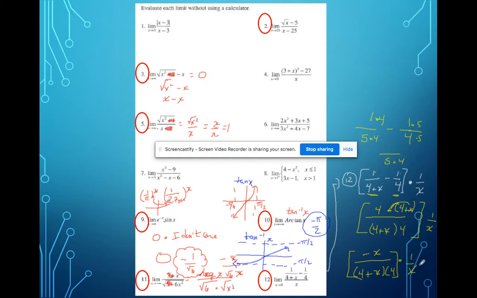Oh, snap. Those x's went away. And I have negative 1 over 4 plus x times 4. What are you supposed to do after you do algebra and cancel out something? Re-plug in. Plug in 0 for x. And I get negative 1 over 4 plus 0, which is 4, times 4, which is 16. Math is cool.